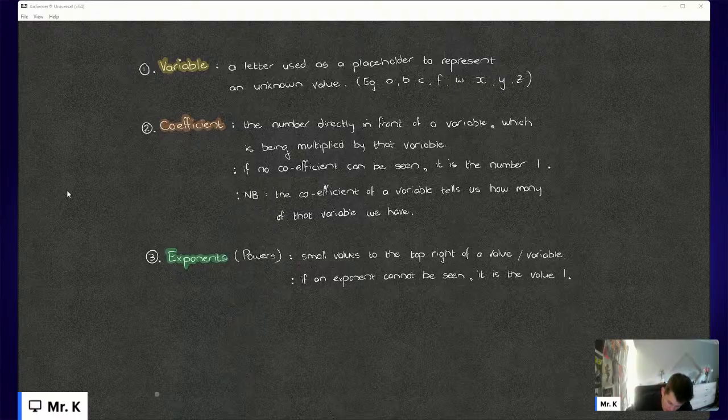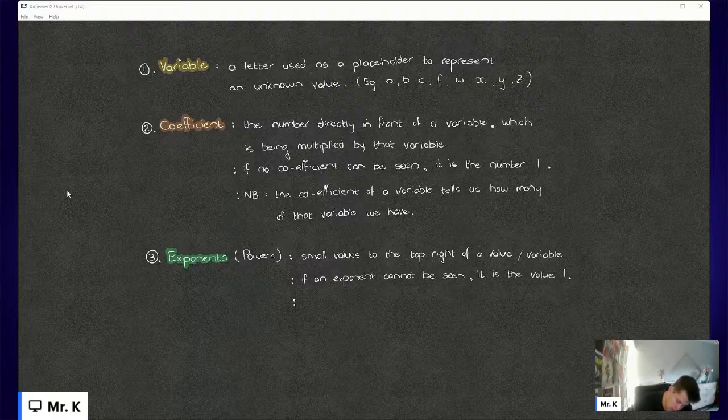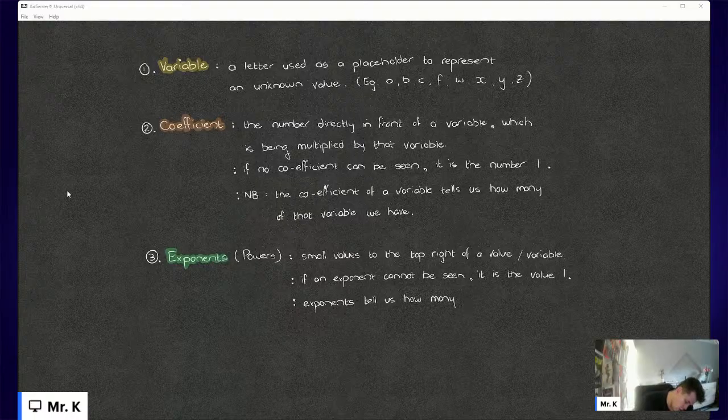And please remember, what are exponents, grade sevens? In other words, what do exponents tell us? Exponents tell us how many times a value has been multiplied by itself.